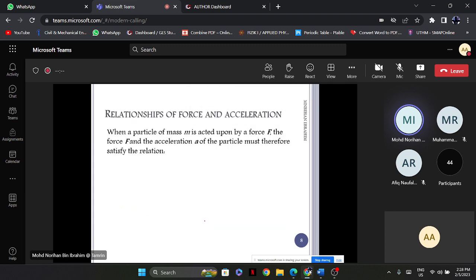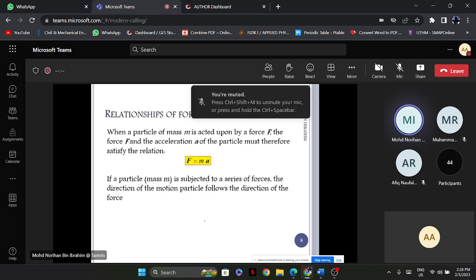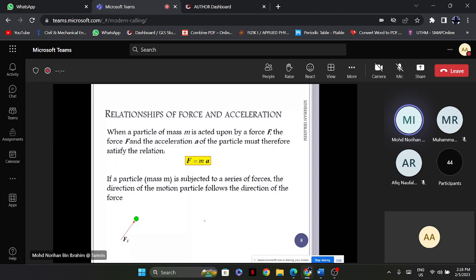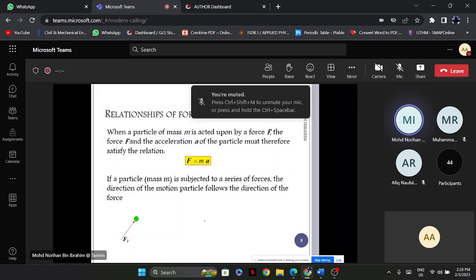Okay, the next is concerned with the relationship of force and acceleration. When a particle of mass m is acted upon by a force F, the force and the acceleration A of the particle must therefore satisfy the relation.